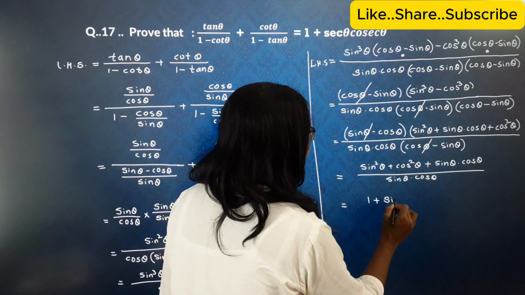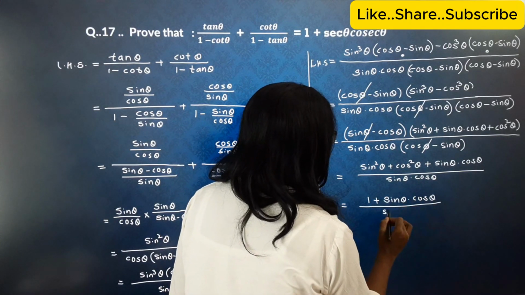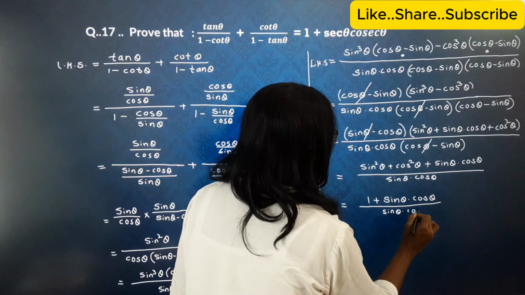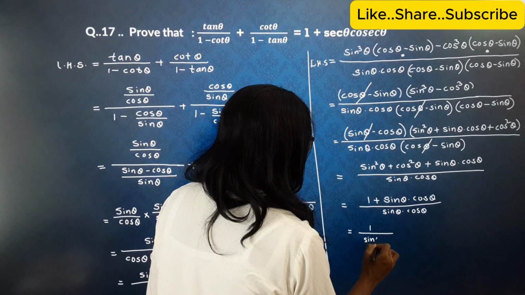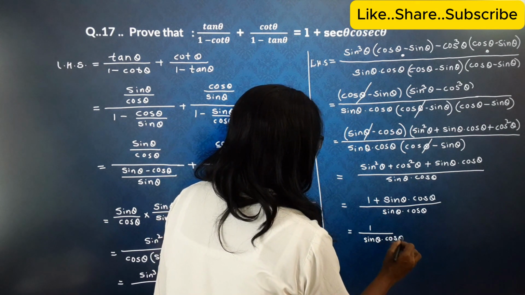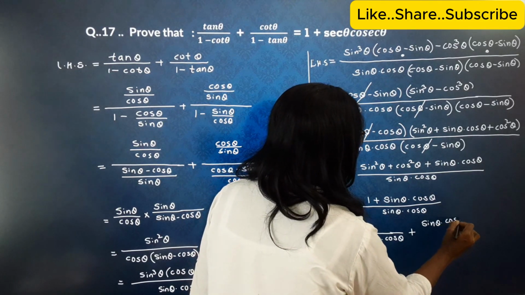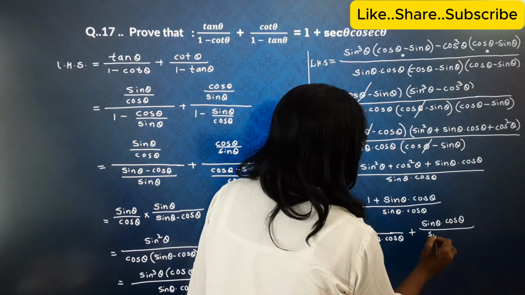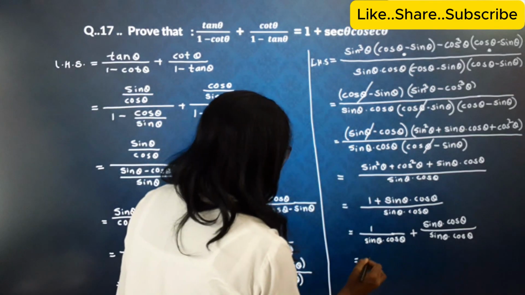So 1 plus sin theta multiply cos theta upon sin theta multiply cos theta. So 1 upon sin theta multiply cos theta plus sin theta multiply cos theta, divided by sin theta multiply cos theta.